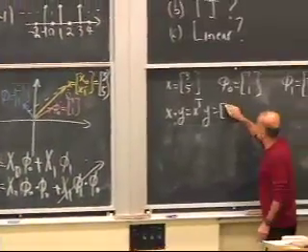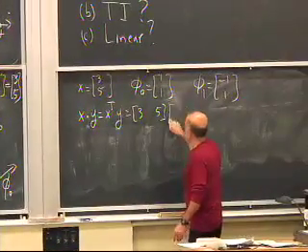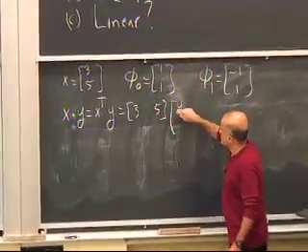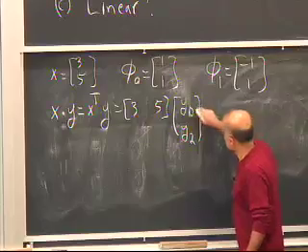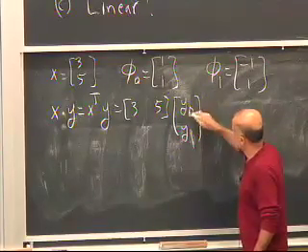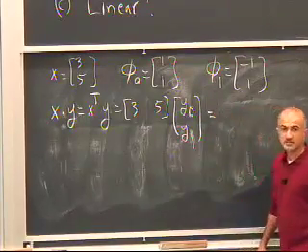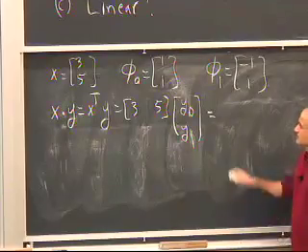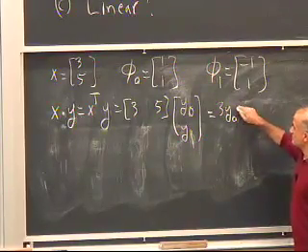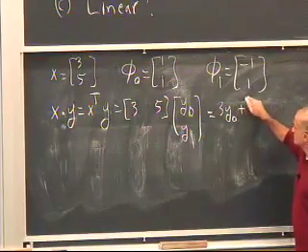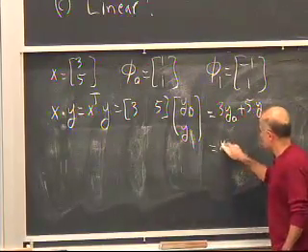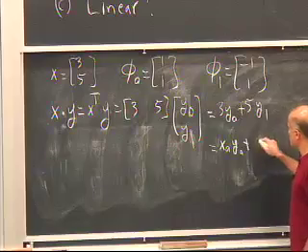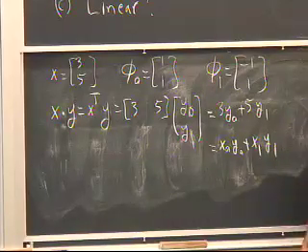In other words, I take 3, 5, and I multiply it with y0 and y1. And what do I get? 3y0 plus 5y1. In general, you'll get x0 y0 plus x1 y1.